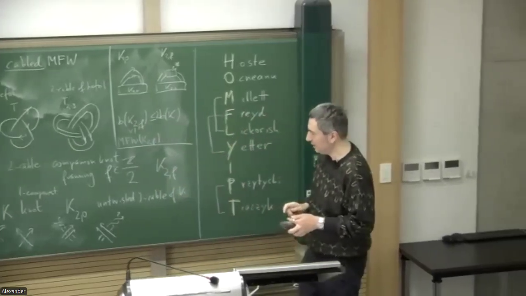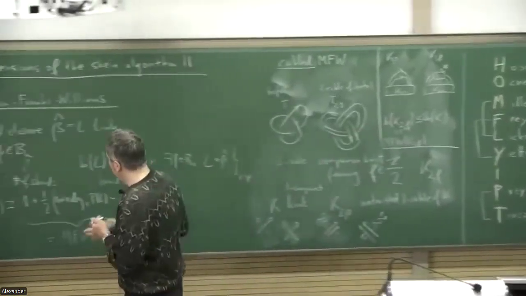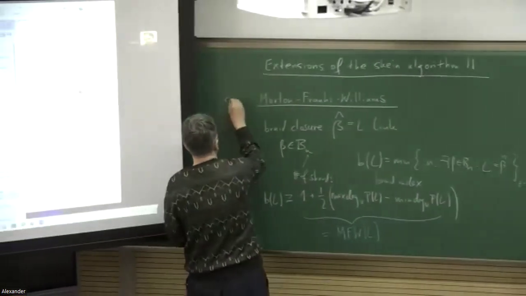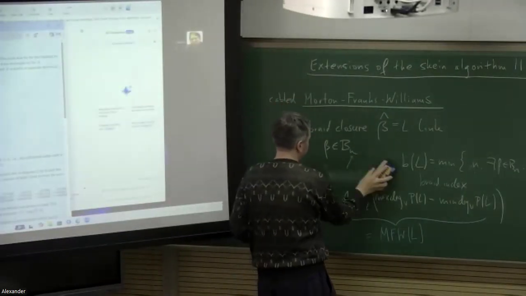Okay, so you get the Morton-Franks-Williams bound for the 2-cable.